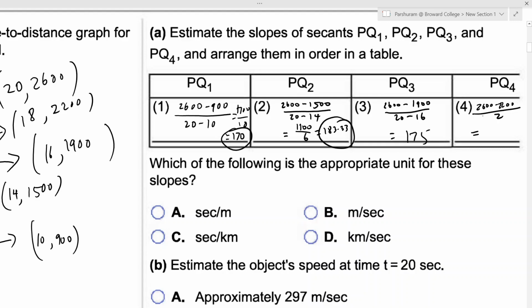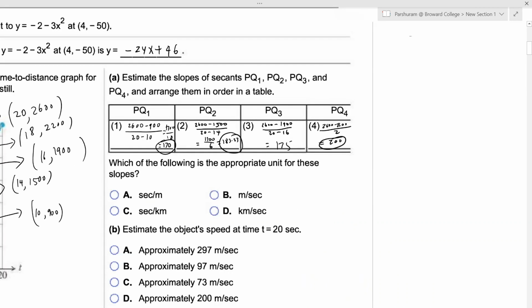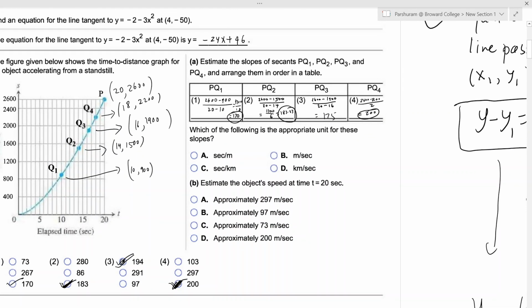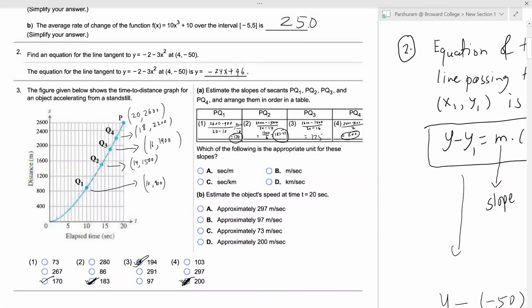So by doing that, I can see it's 200. And that option is, I guess, available here. It's a 200.